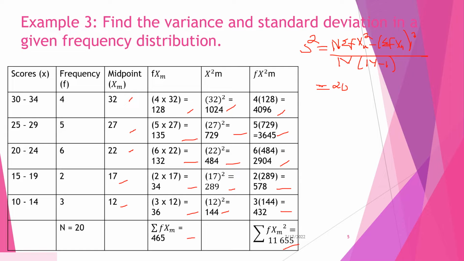So, 20 times 11,655 minus 465 squared, over 20 times 19, because 20 minus 1.